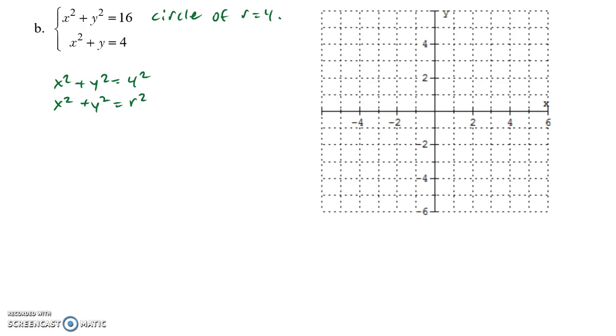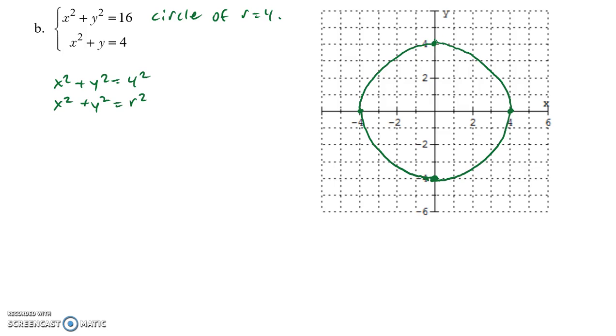So from the origin, we just count out 4 units, basically plotting the x and y intercepts of the circle 4 units away from the origin, and then draw a circle as best we can through those 4 points, and that will be the graph of the first equation. So there you see my so-so attempt at a circle.